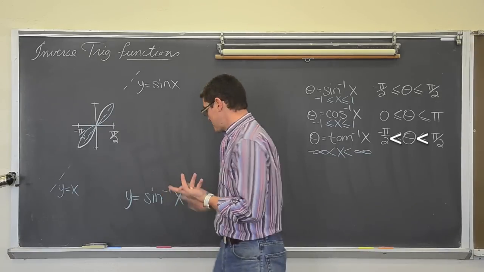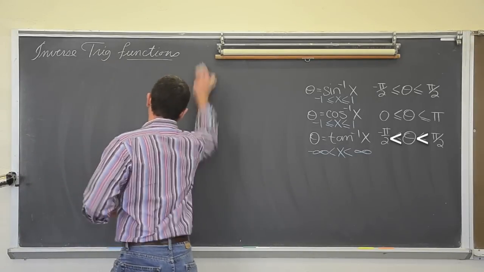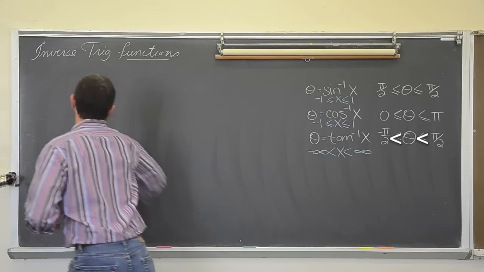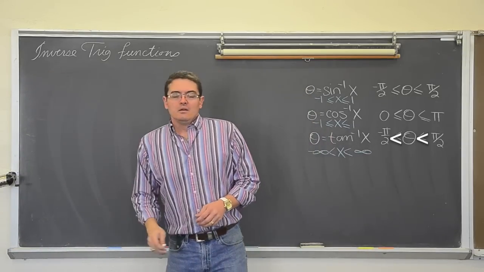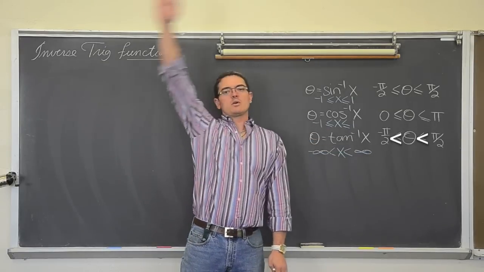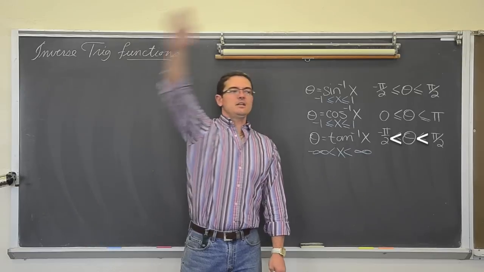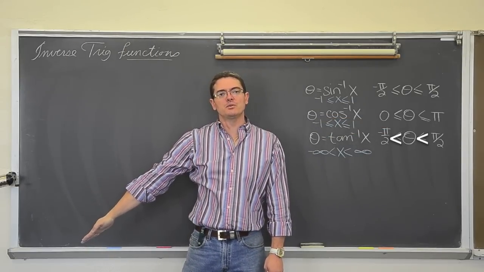So let's say that, again with your calculator idea and the unit circle, you say, well, what is the sine of 225 degrees? The sine of 225 degrees is going to be negative square root of 2 over 2.